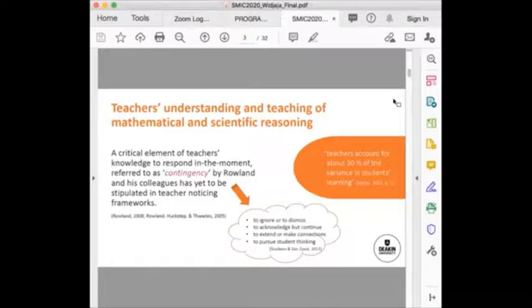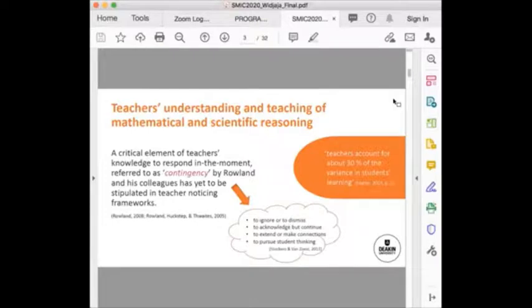And in his study he reported that teacher's role actually accounts for 30% of the difference in the students' learning. So it's quite significant in terms of the impact of teachers on students' learning outcomes.